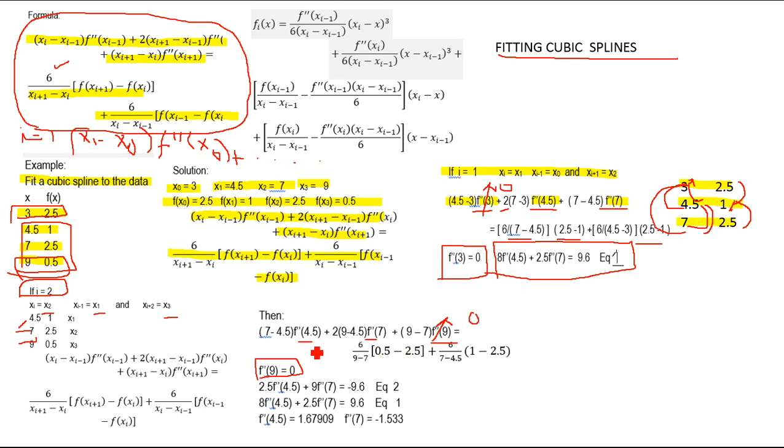Nasa dulo yan, endpoint. So, ito lang yung problema natin. And then, paano kinuha tong 7 minus 4.5? Yan, 7 minus 4.5. Tapos, 9 minus 4.5 at saka 9 minus 7.